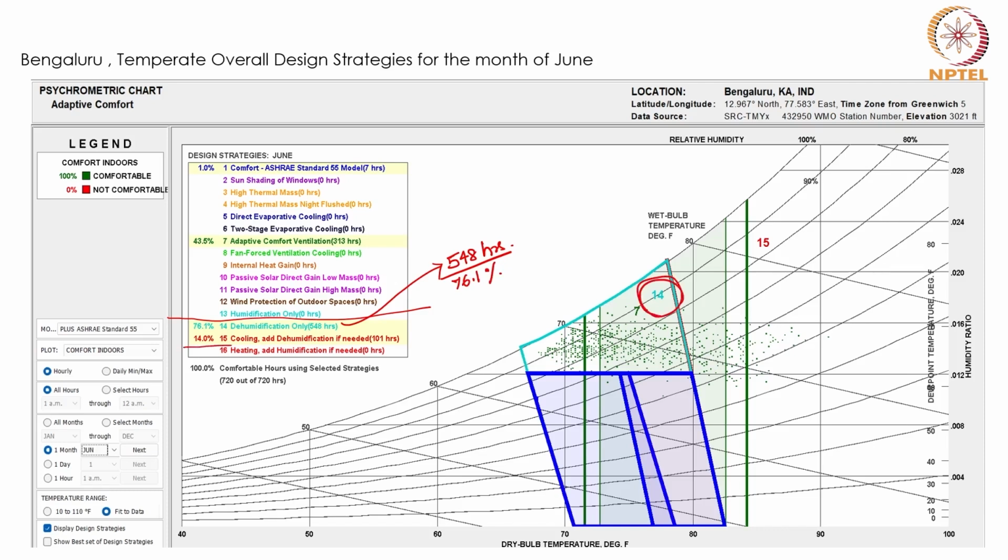Whereas the remaining 101 hours can become comfortable if cooling along with dehumidification is adopted, and therefore the use of air conditioning will make 14% of the month comfortable. So, dehumidification and air conditioning will make 100% of the time comfortable.